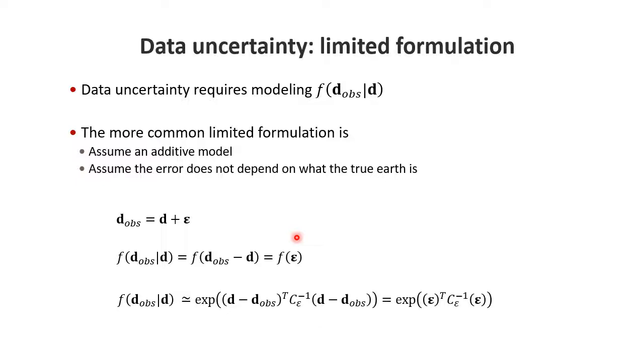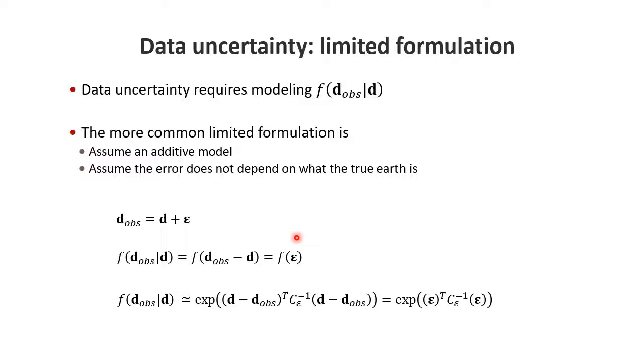First of all, you have to realize that this measurement error may be a function of the actual Earth, and that's what we show in the previous graph. That's quite logical in the sense that some Earths are easier to image or model, to acquire data on, than other Earths. So in signal analysis, this basically means that the noise is a function of the signal. Because we don't know the signal perfectly, we also don't know this variation of noise perfectly. And so that requires modeling it through some conditional distribution.